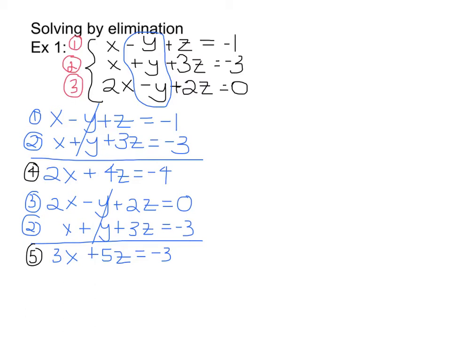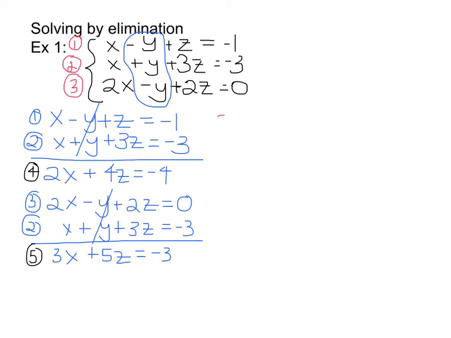If you notice, equation 4 and equation 5 have the exact same variables. They have x's and z's. So now we are going to put equation 4 and 5 together and make another variable eliminate.